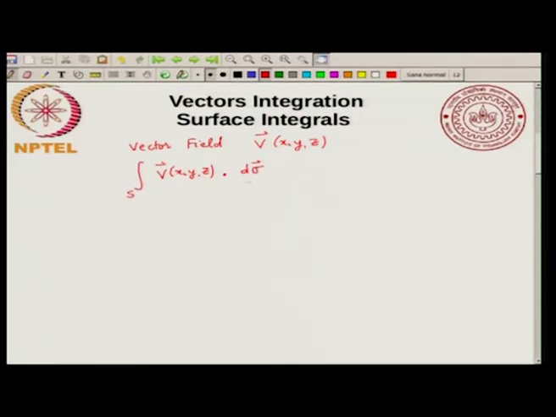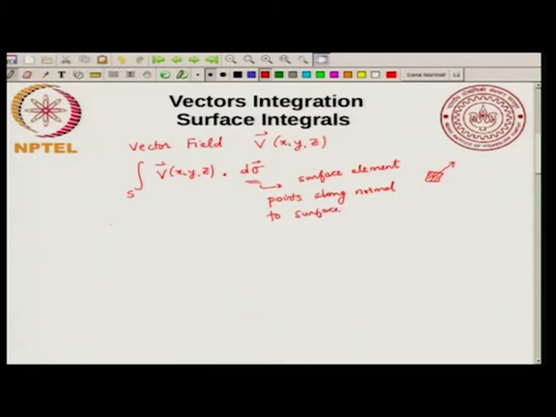So this is the surface element, and it is a vector. It will be a small region of the surface, and it is a vector that points along the normal to the surface.